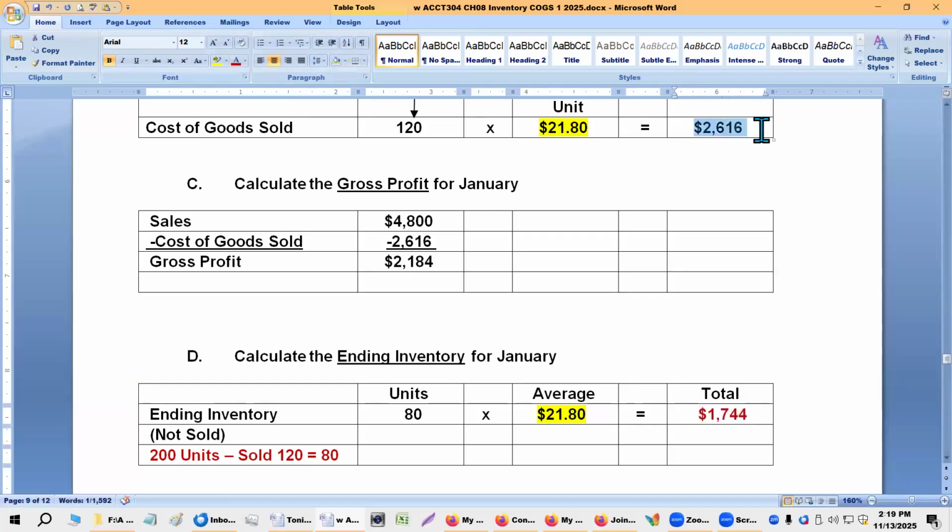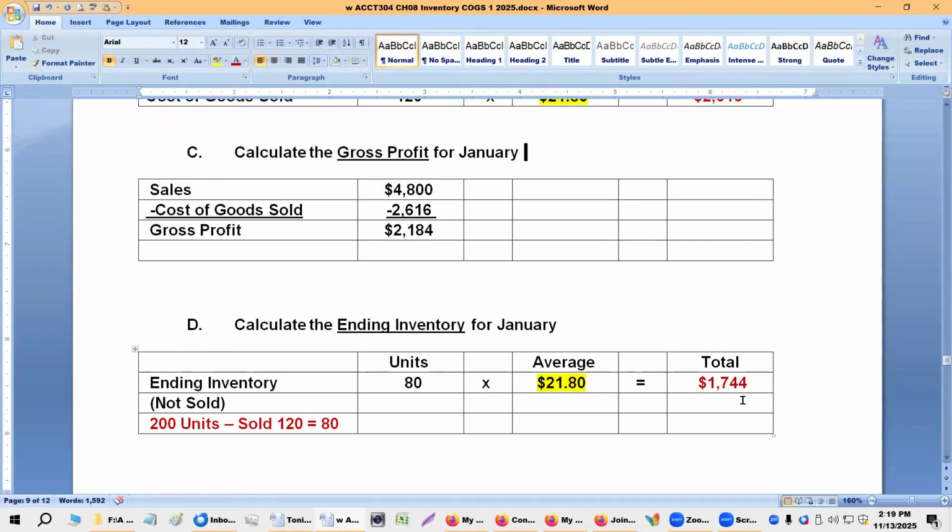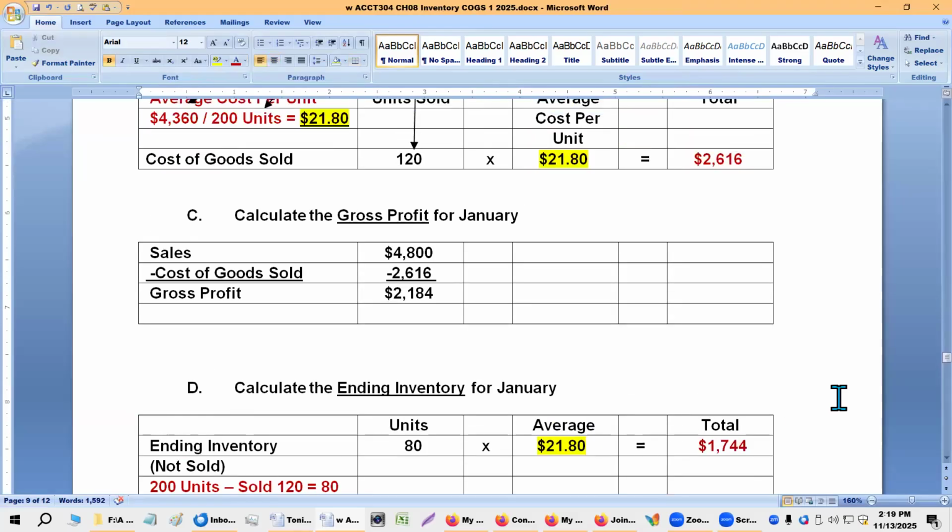Our cost of goods sold would be 21, or excuse me, 2616, and our ending inventory would be 1,744. You may want to check those to make sure. And that's it. That's it for the average.